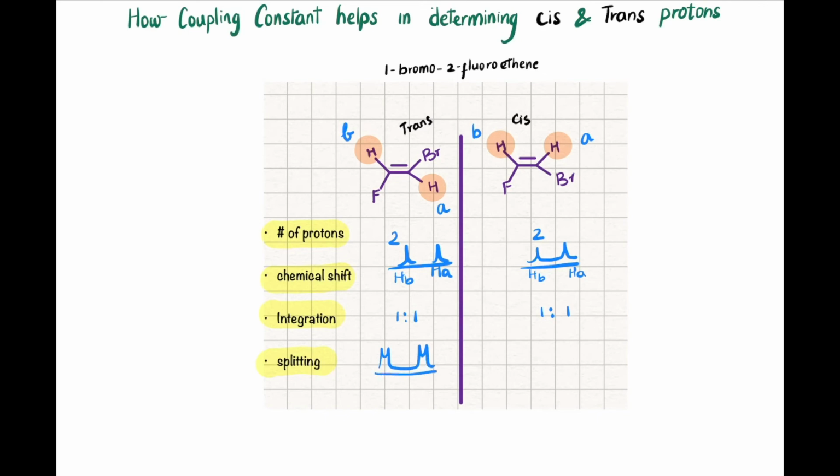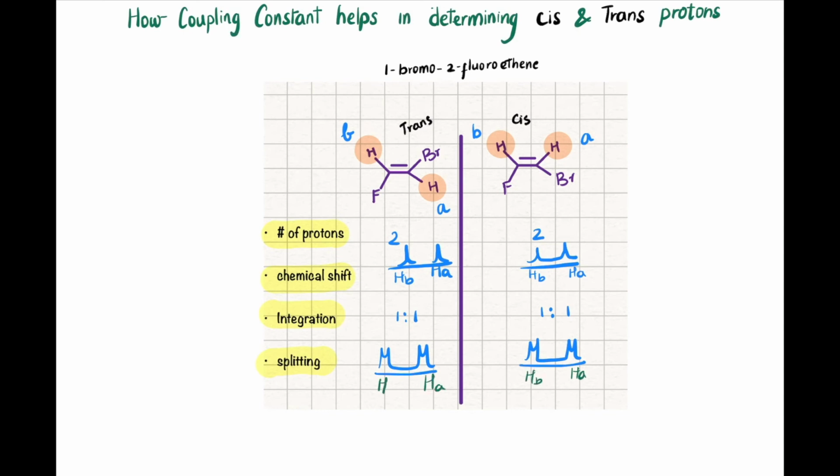And the same thing is going to happen for this cis compound. Remember, this is your hydrogen, this is your neighboring carbon, and that carbon has one hydrogen, and therefore this is also split as a doublet. Both of these peaks are going to be split as doublets. And this is our HA and this is HB.